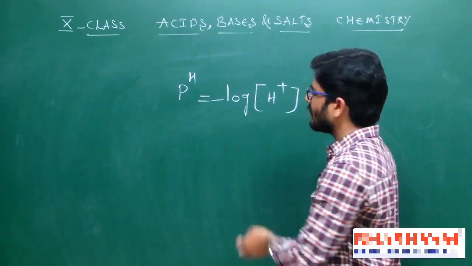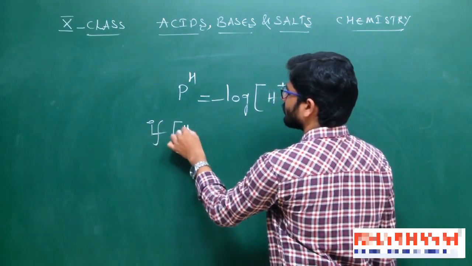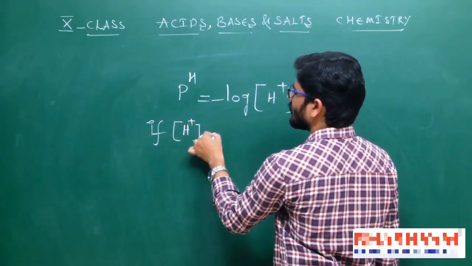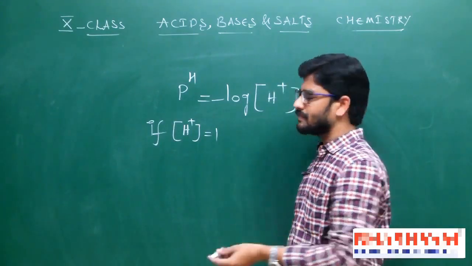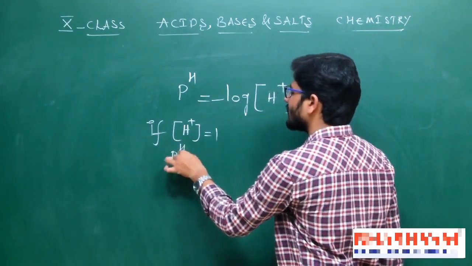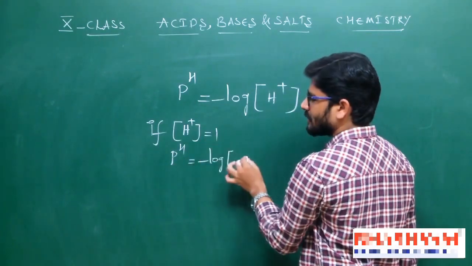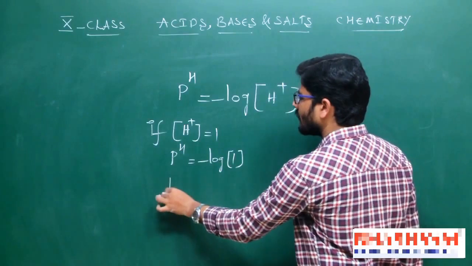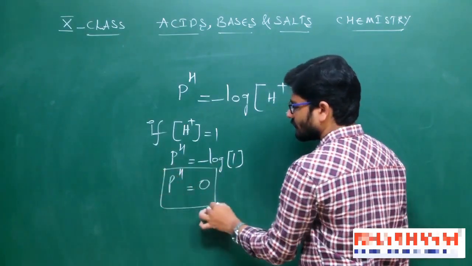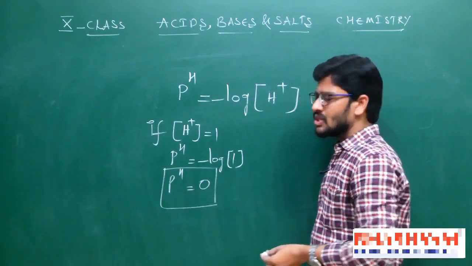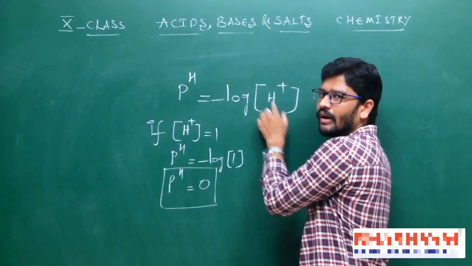If the concentration of H plus ion is 1, what about pH? Then pH is equal to negative logarithm of 1. We know that log 1 is 0. So if the concentration of H plus is 1, pH is 0.